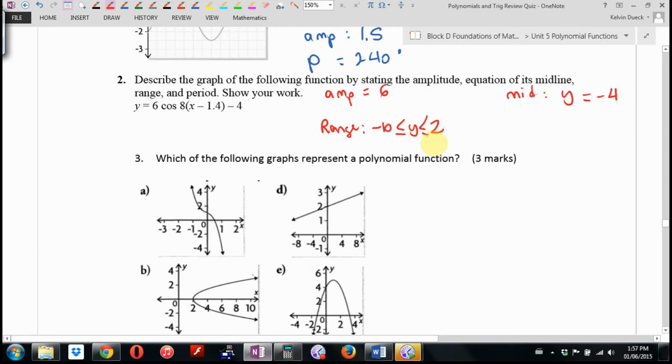Negative 10 is less than or equal to y, less than or equal to 2. And the last thing it wants is the period. That's going to be 2 pi over 8, or pi over 4. It's 2 pi over b, the number in front of the x. And in front of the x, there's an 8.